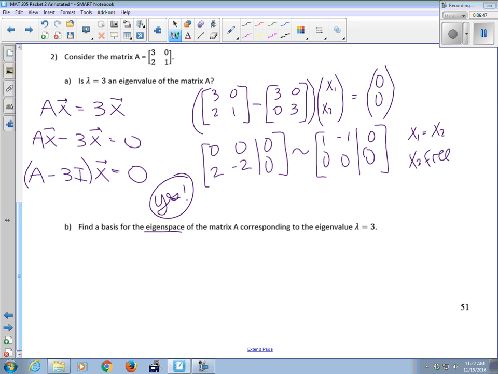It could be that the only solution is the trivial solution, and by definition, from the reading, we never count 0 as an eigenvector. So if there is only the trivial solution, then 3 is not an eigenvalue, and there's no eigenvector associated with it. That was a good question. For example, if it was [1, 0; 0, 1], so x1 equals 0 and x2 equals 0, you have only the trivial solution. Then you would say that 3 is not an eigenvalue. Thank you. I didn't even really think that through.